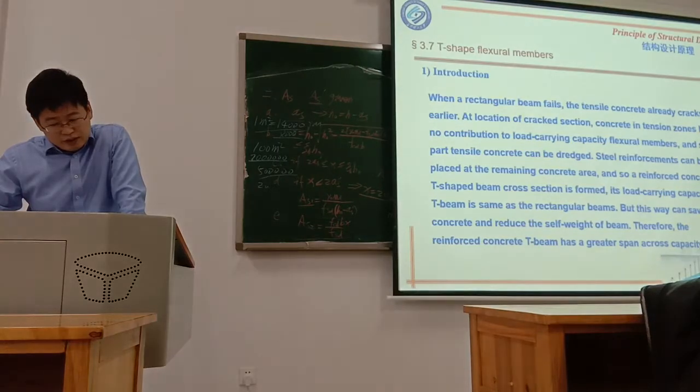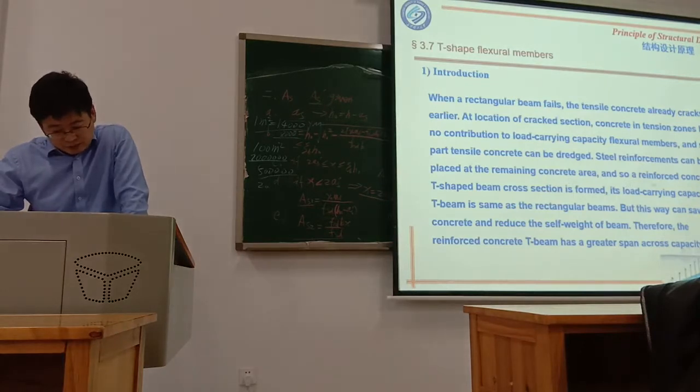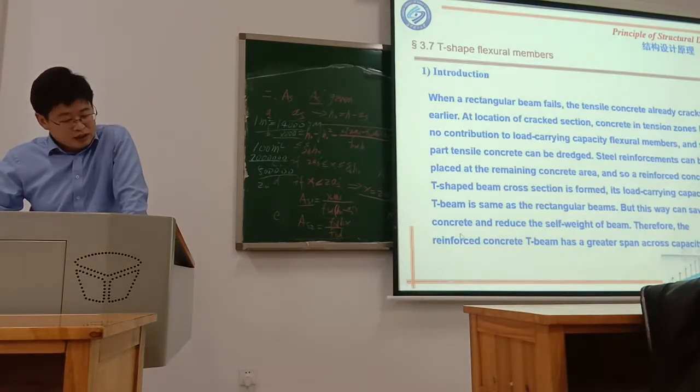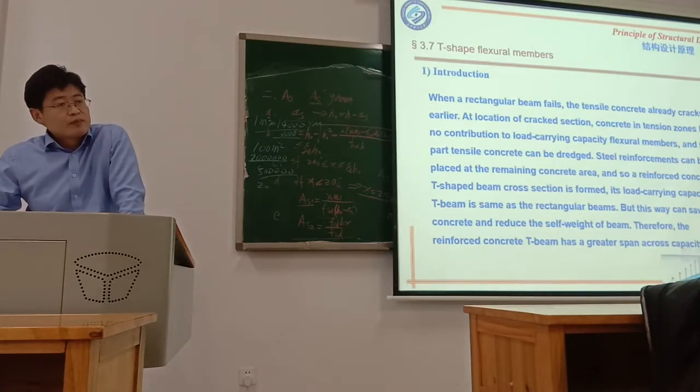Then steel reinforcement can be placed in the refined concrete area. As a result, a reinforced concrete T-shaped beam is formed. Its load capacity for the T-beam is the same as the rectangular beam, but in this way, we can save concrete and reduce the weight.